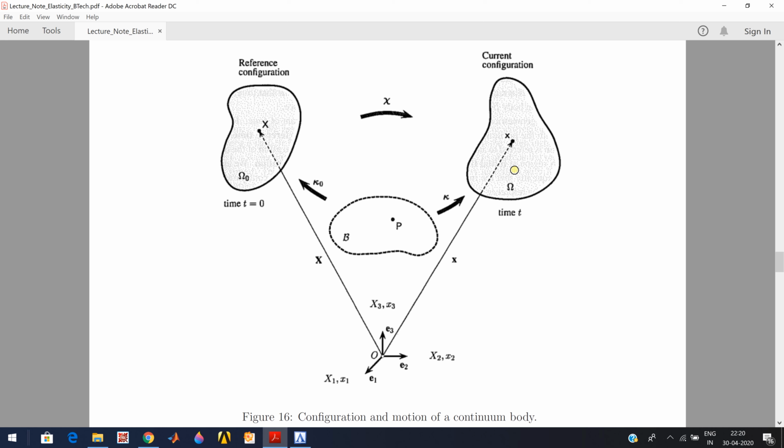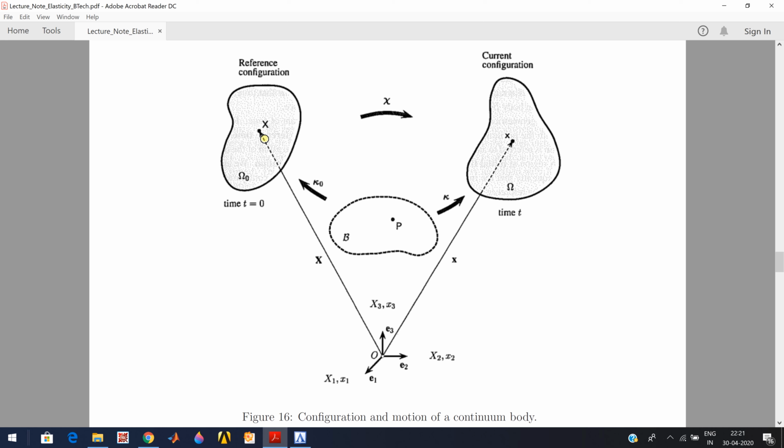So in these two configurations, if you see this picture, there are 2 points indicated. In the left side configuration, or the reference configuration, as you see, a material body or a continuum body consists of n number of material points. So a dot indicated here is one such material point, which is denoted as X here.